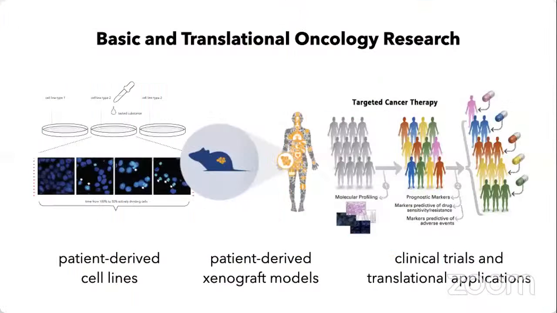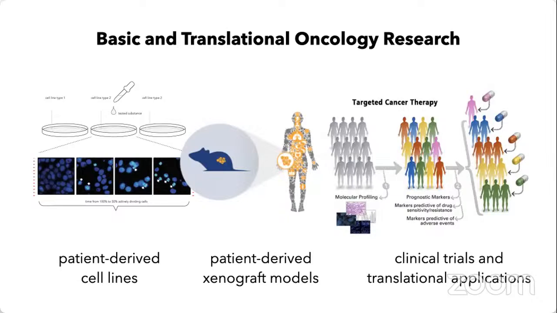Let's proceed. During this journey, we will also learn about basic and translational research that is specific to oncology, right? Where the patient-derived cell lines, which is a model system, and patient-derived xenograft models, which is a model system inside a mouse model, right, offer an extremely good and rich collection of data to understand the treatment of cancer in patients, to understand diagnosis of cancer generally, and also to specialize in precision medicine or personalized medicine.